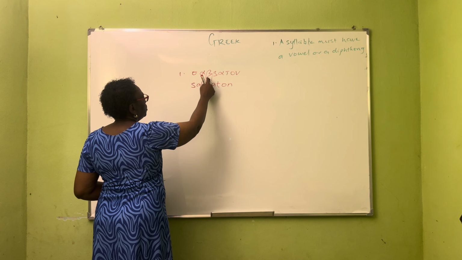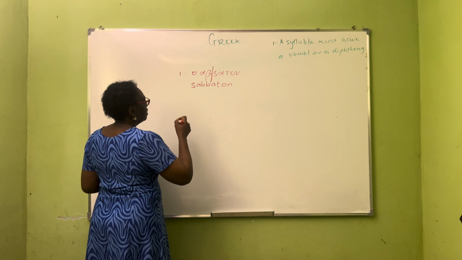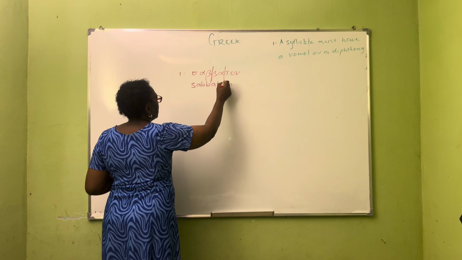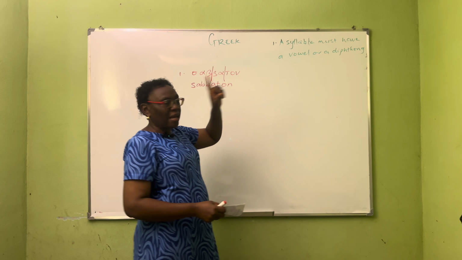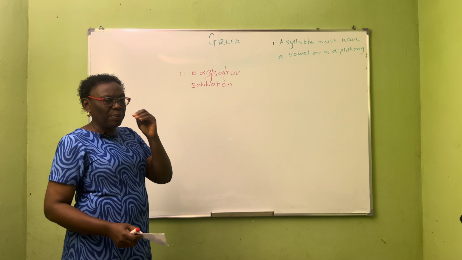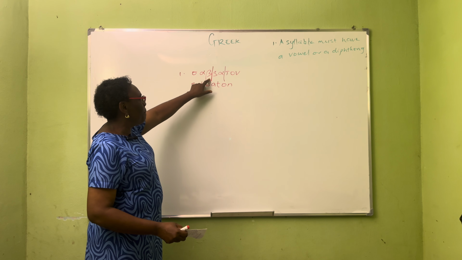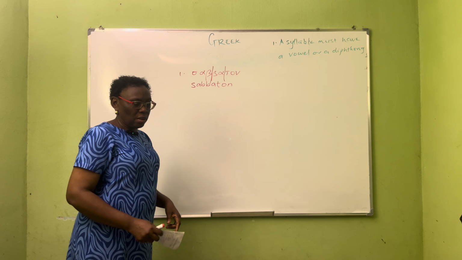This is a double of the same letter. We can divide it. And then this another one goes with this one, and that will help us. What we want to know is that a syllable must have a vowel or a diphthong. So if you want to take it bit by bit, you can say sabaton, sabaton. That's a good one.